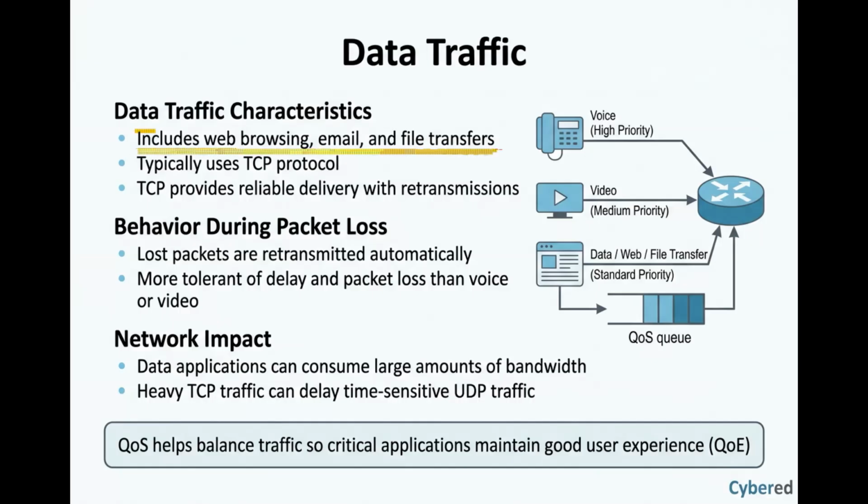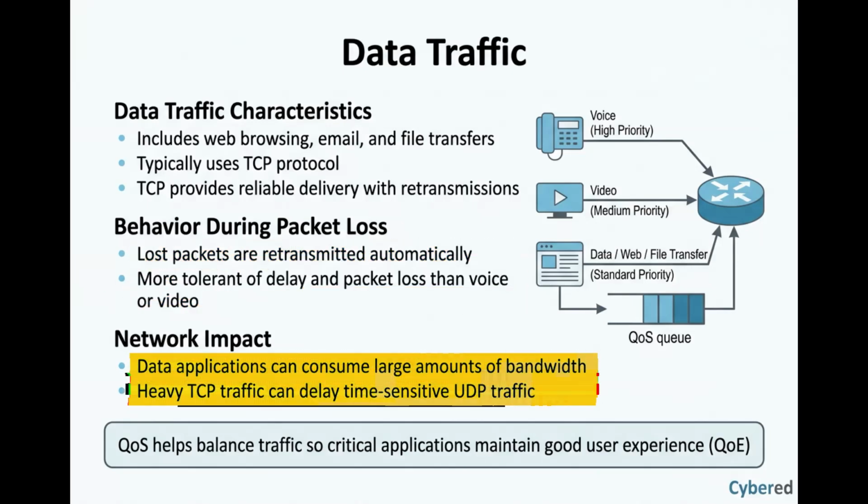Data traffic includes applications such as web browsing, email, and file transfers. These applications usually rely on TCP, which ensures reliable delivery. If packets are lost during transmission, TCP automatically retransmits them until the destination acknowledges receipt. This makes data traffic more tolerant of packet loss than voice or video.